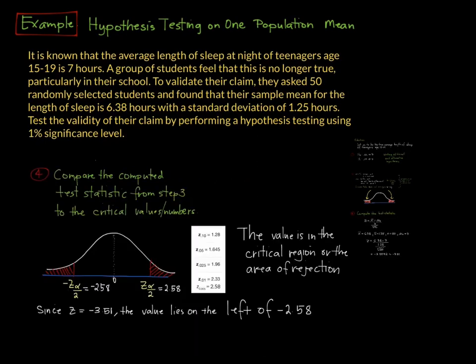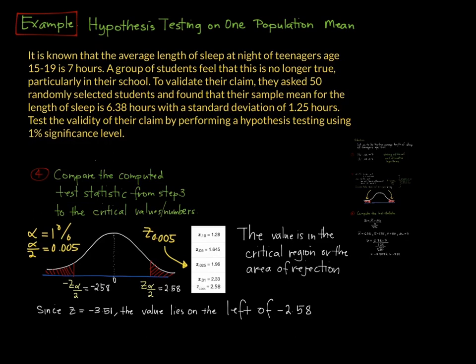Now we go to step number 4, and this is where we compare the computed test statistic that we obtained from step 3 to the critical values or the numbers in the diagram. The critical values can be obtained by using our significance level alpha, which is equal to 1%. That means our alpha over 2 is equal to 0.005. So the z of alpha over 2 that we need is the z of 0.005. We have a useful list here that says the z of 0.005 is equal to 2.58.